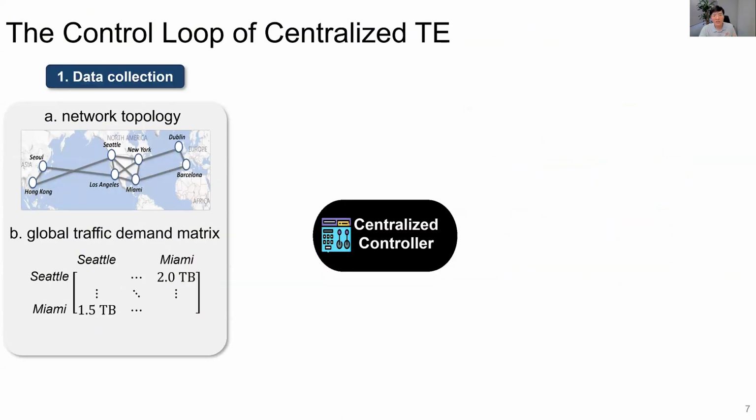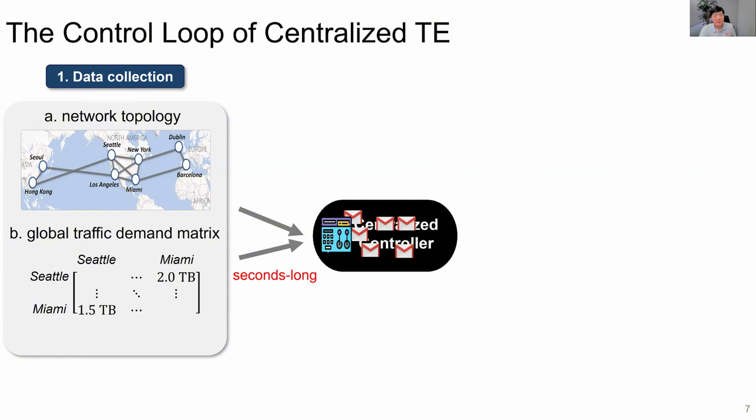Because the control loop of centralized TE has 3 steps. The first step is data collection, where a centralized controller gathers network information from routers, including network topology and global traffic demand. This step usually costs seconds.